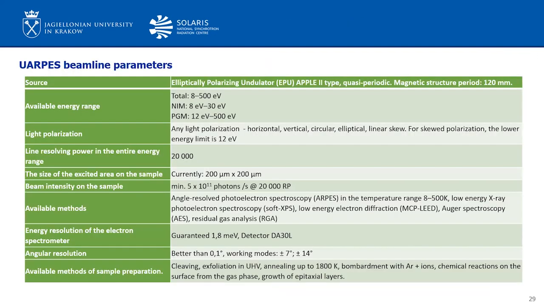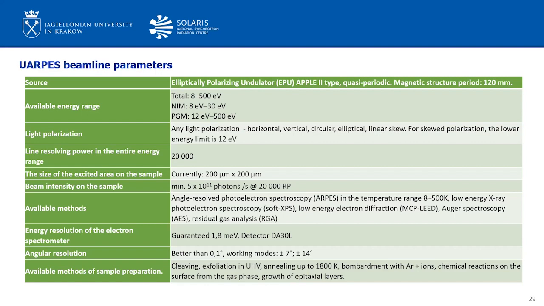Here I want to summarize the beamline parameters. The energy is from 8 to 100 electron volts. And we can measure with different polarizations.